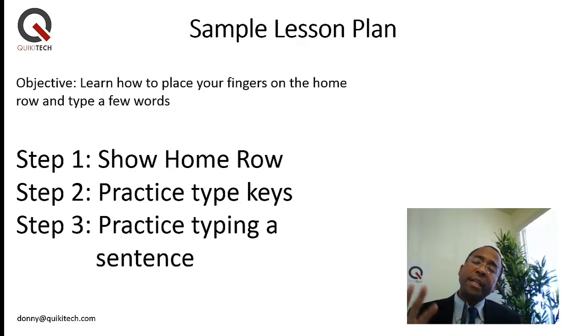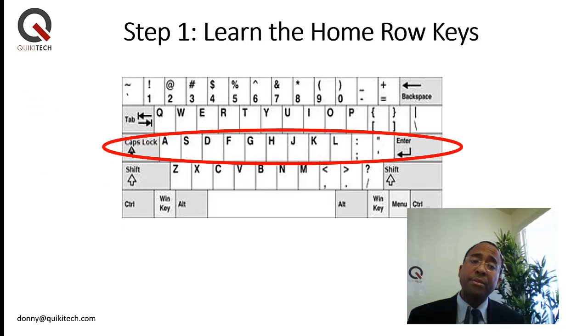And so the lesson plans that I'll be presenting to you have an objective, a step 1, a step 2, and a step 3. These are the simple steps for this particular lesson. And you will learn how to show your students the home row, how to practice typing the keys, and how to practice typing a sentence.